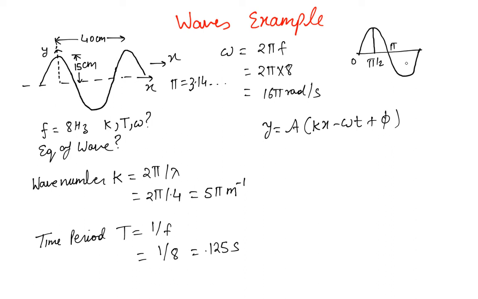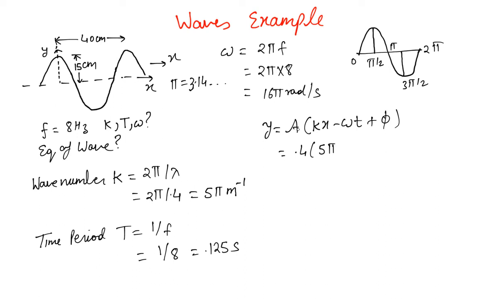This is pi. We already have discussed this in the previous class, and this is 3 pi over 2, and this is 2 pi. So as the wave starts here, the phase is pi over 2. So A is nothing but 0.4, k is 5 pi.